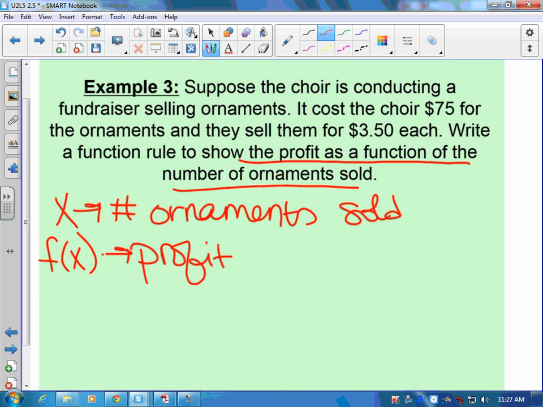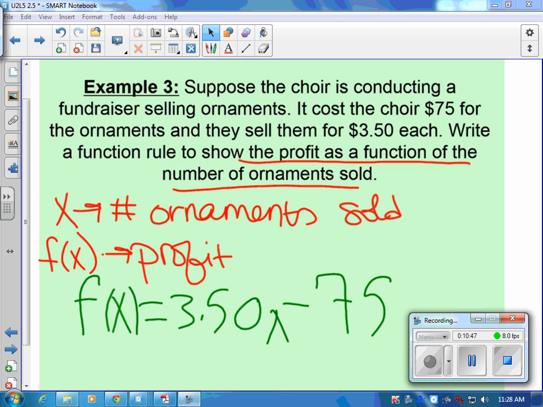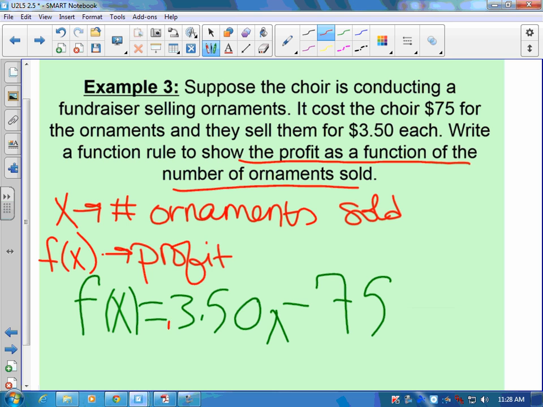So I have the number of ornaments sold, and I'm comparing that to the profit. And now I need to write a function. Where do we get the 3.5 from? Jason? It's the amount that is sold for. Each ornament costs me $3.50. So if I multiply $3.50 times the number of ornaments, here's the money I'm going to make from my ornaments.